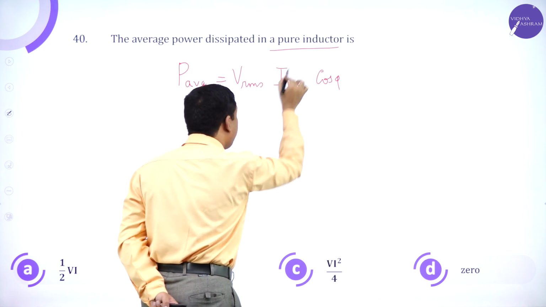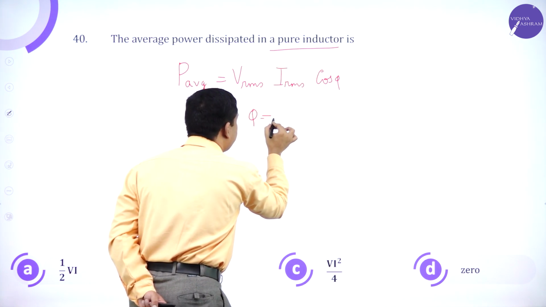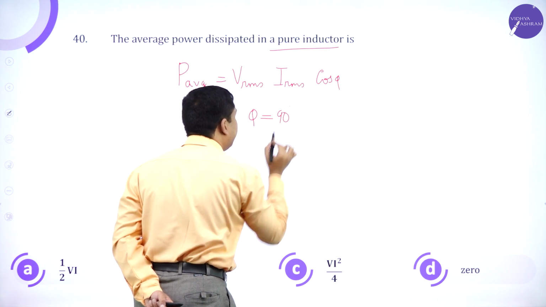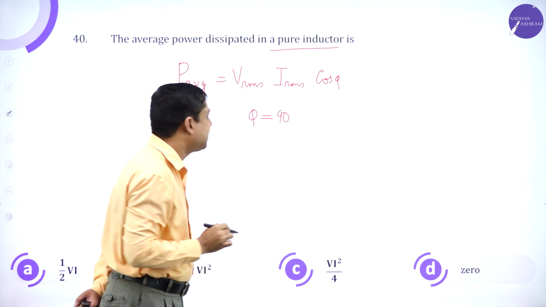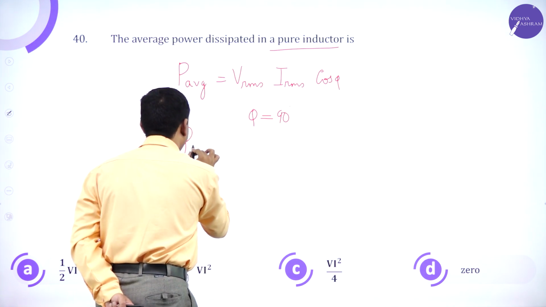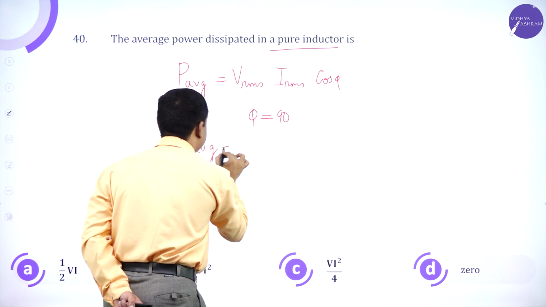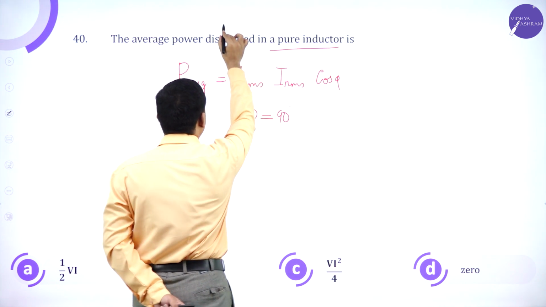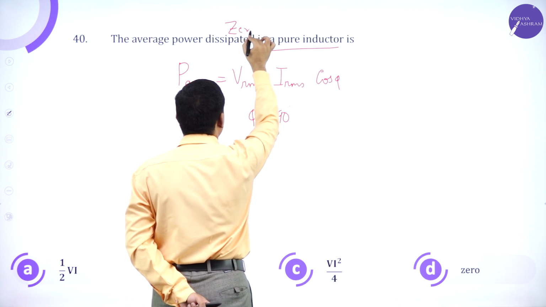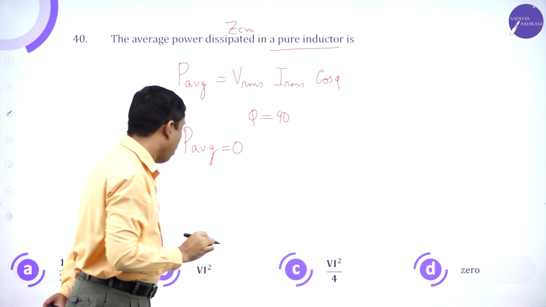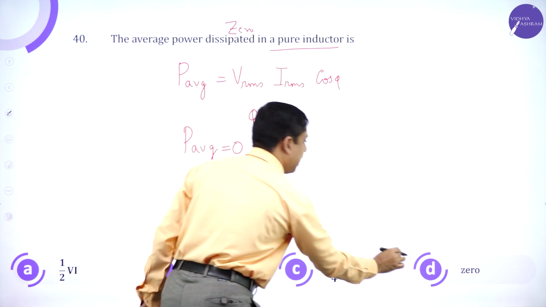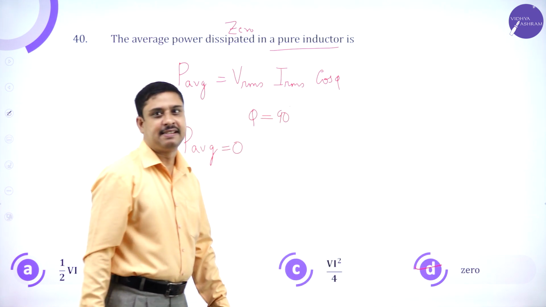But it is a pure inductor. So what is the phase difference? 90 degrees. Cos 90 is 0. P average is 0. So average power with a pure inductor or a capacitor is always 0.